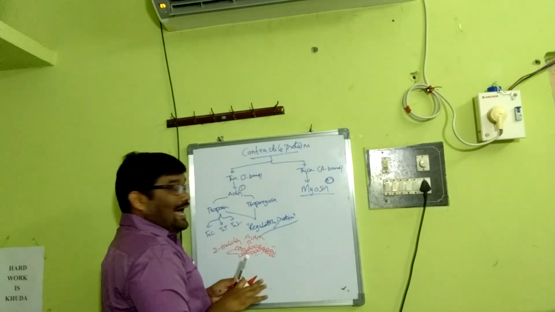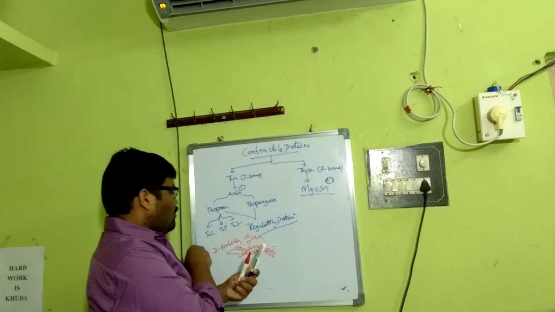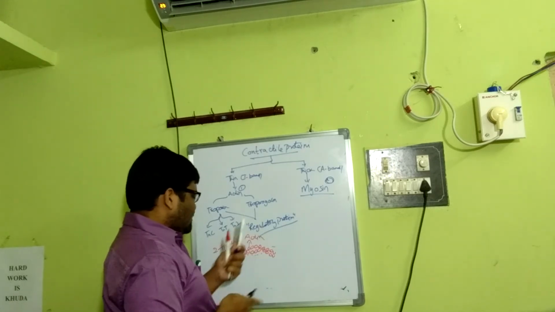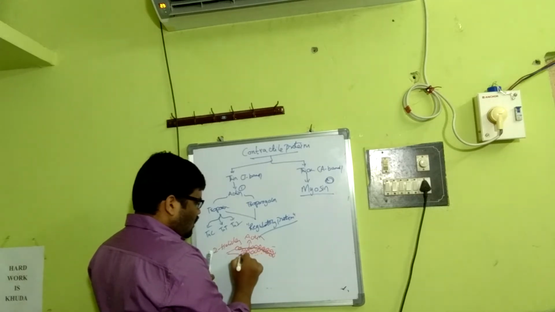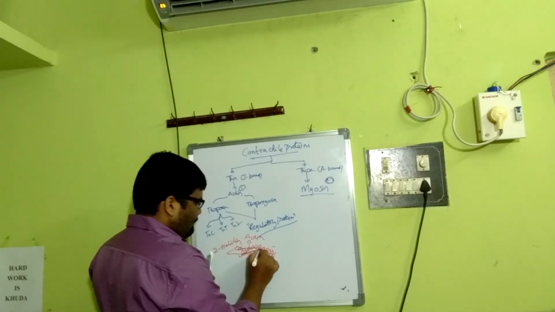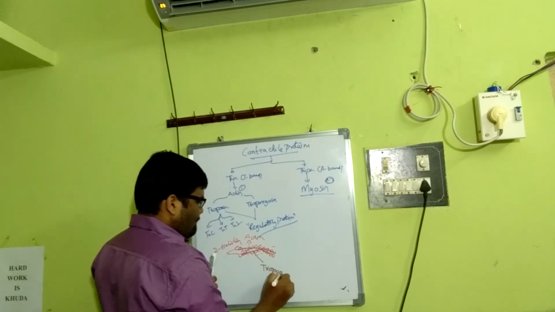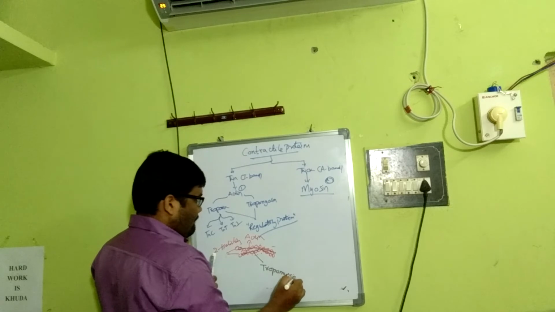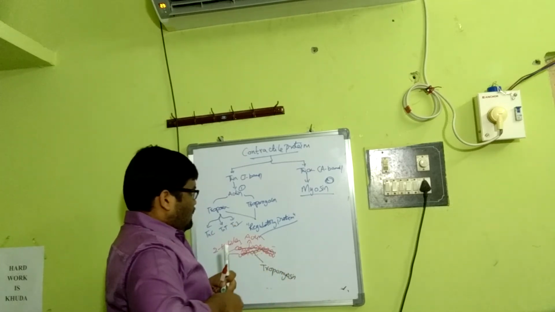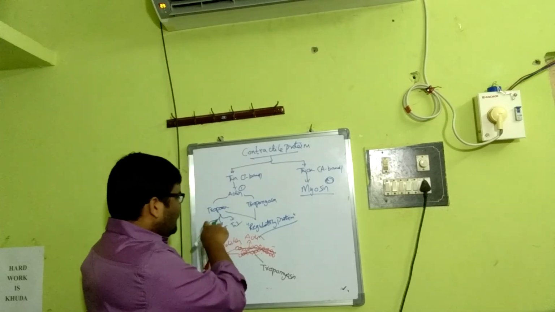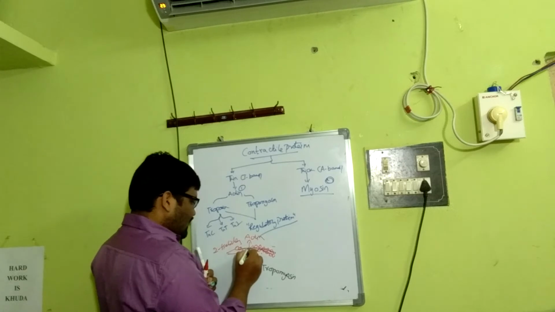Apart from actin, the associated proteins, what we call regulatory proteins, include tropomyosin. These are filamentous proteins and they also run close to the actin. This is called tropomyosin. Then troponin, which has three important components, TNC, TNT and TNI.